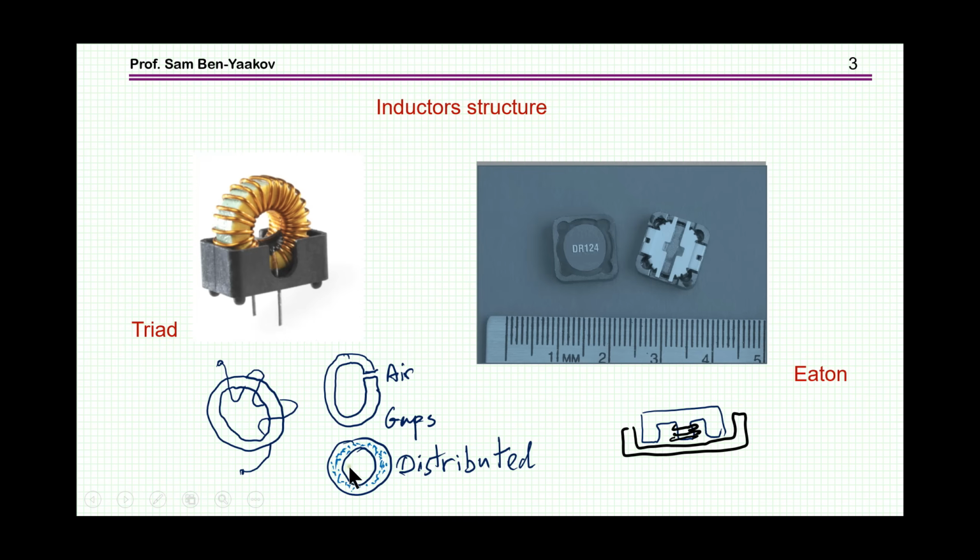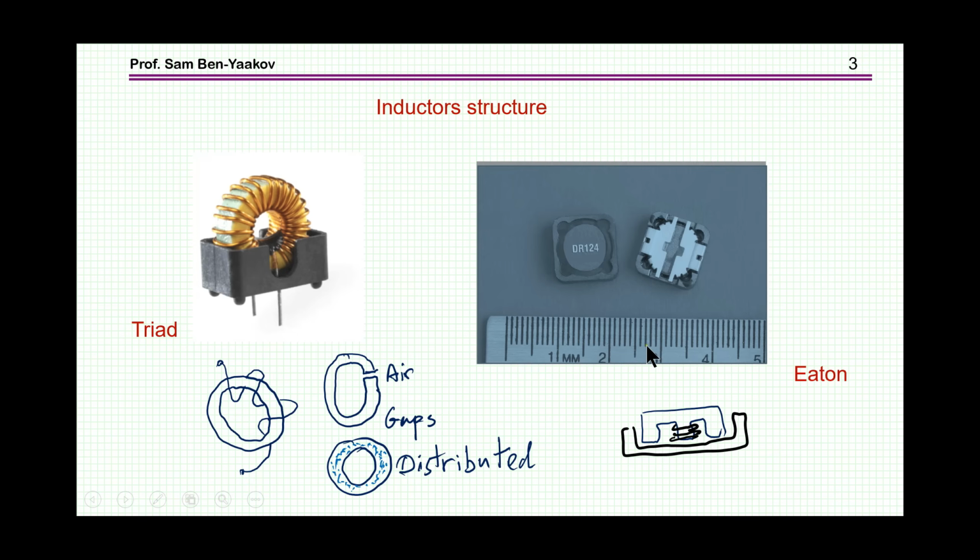This could be a distributed gap type of a core. Usually this would be it. Or it could be an air-gapped core. Usually commercial inductors are not built this way in the toroidal form, but in fact this is the preferred way to go, but this is really outside the scope of this presentation.